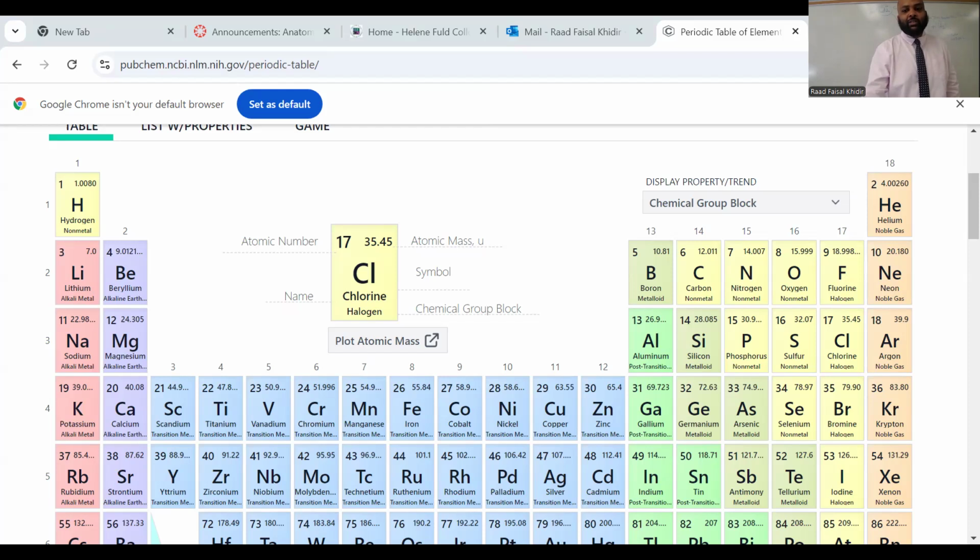There are 6 carbons, 12 hydrogens, and 6 oxygens, right? So now I go to my periodic table. Carbon is how much? 12, right? Carbon weighs 12. So I multiply how many carbons by 12? There are 6 carbons, so 6 times 12.